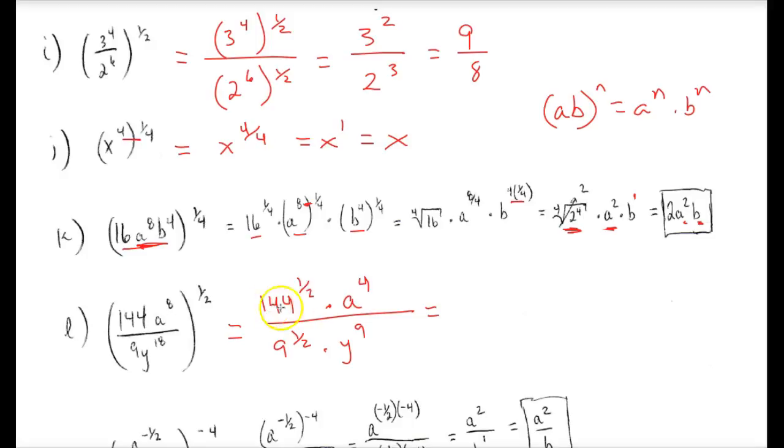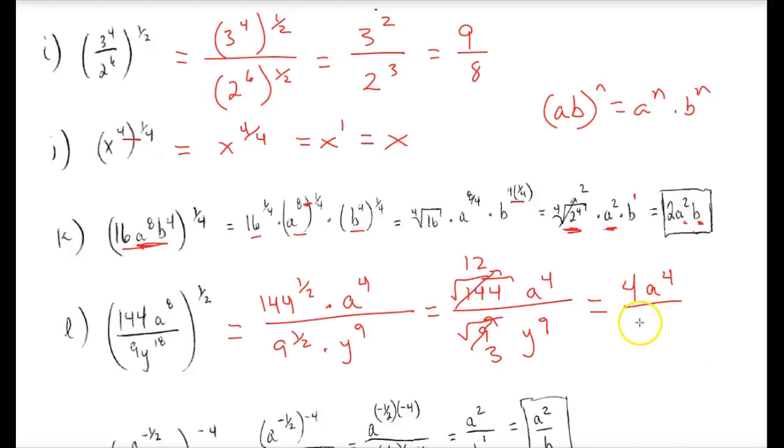And so from there, 144 raised to the 1/2 is the same as the square root of 144, and 9 raised to the 1/2 is the same as the square root of 9. Of course, from here, we know that the square root of 144 is 12. The square root of 9 is 3. And so from there, we know that 12 divided by 3 is 4. So we just have 4a raised to the 4 divided by y raised to the 9.